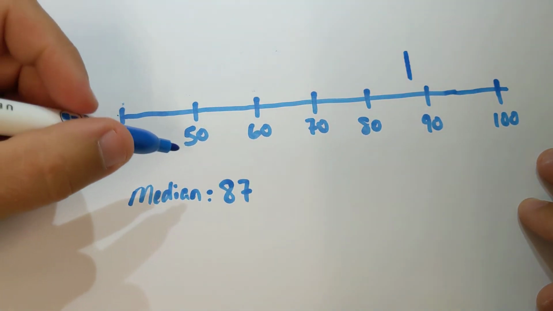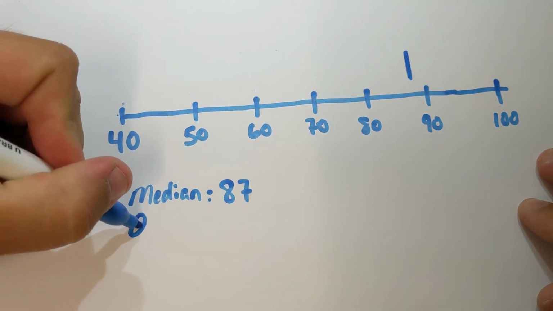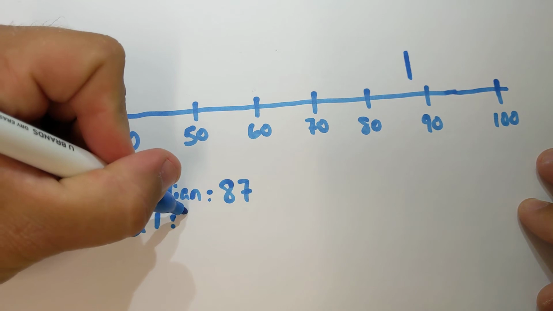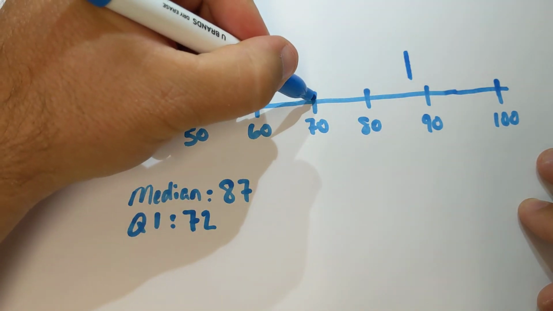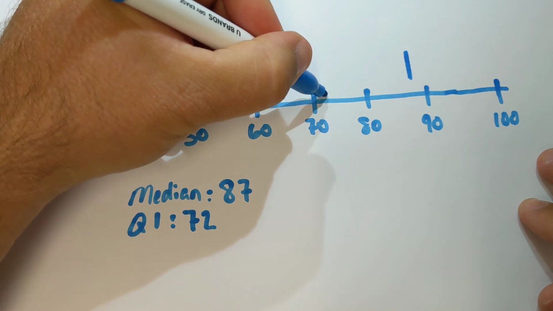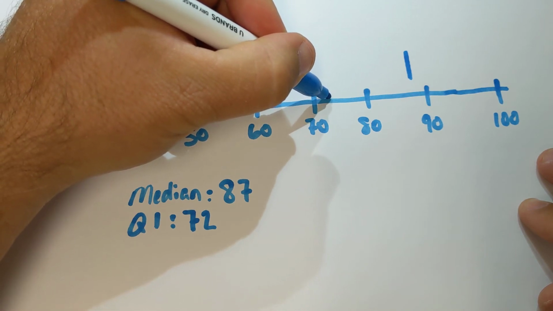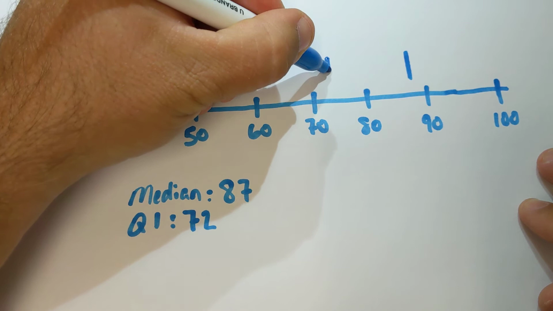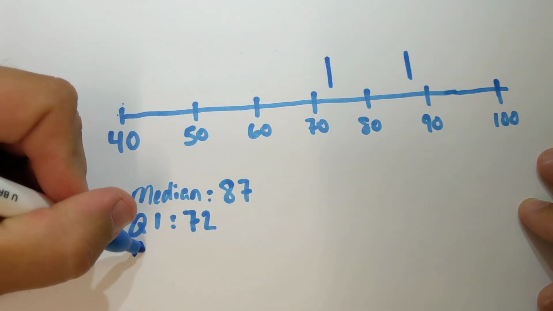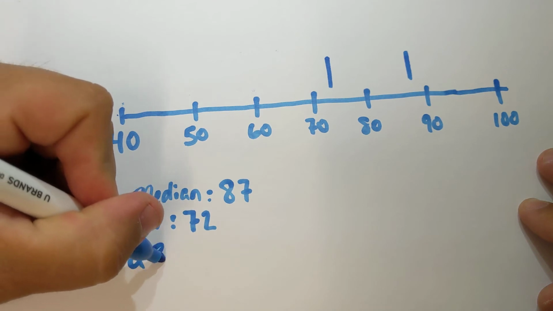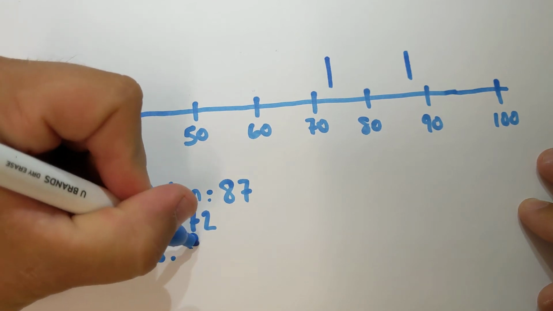Now, let's look at our Q1. If you remember, our Q1 was 72. So I'm going to go to 70 and come over here to the 2. That looks about right. So, there's my Q1. And I'm going to go to my Q3.